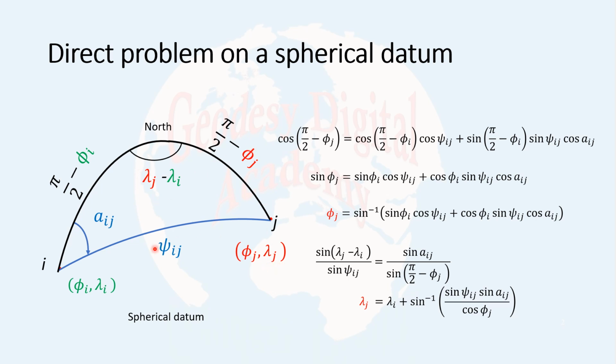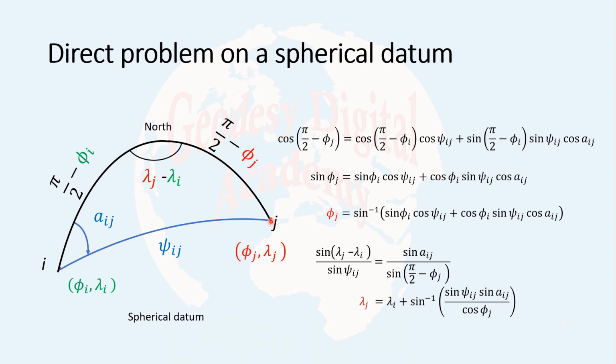The quantities that we already know are the coordinates of the point I, and the blue ones are the quantities measured between the points. Means that these two quantities connect this known point I to the unknown point J. But how can we determine the coordinates for J?